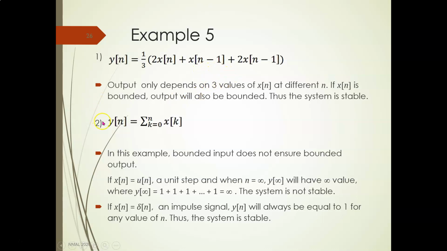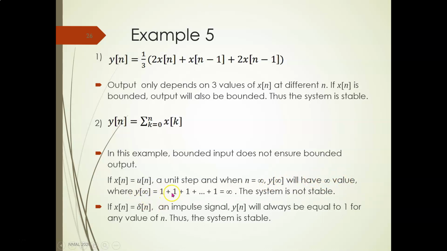Okay, so we move on to example 2. y[n] is equal to the summation of x[k] from k equal to 0 to n. In this case, let's say that the input is bounded. However, it will not ensure that the output is also bounded. For example, if x[n] equals u[n], a unit step, and when n is infinity, y[infinity] will have an infinity value.